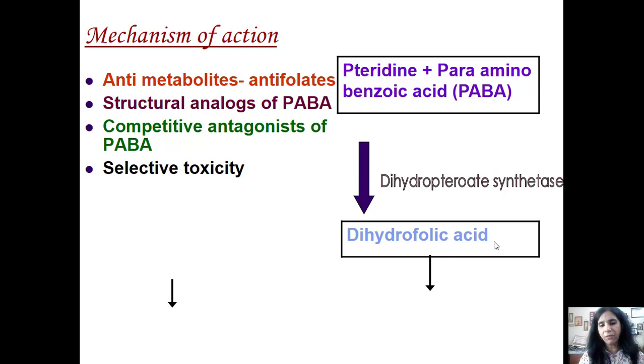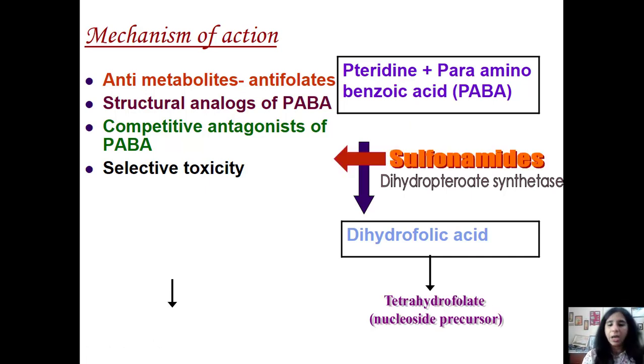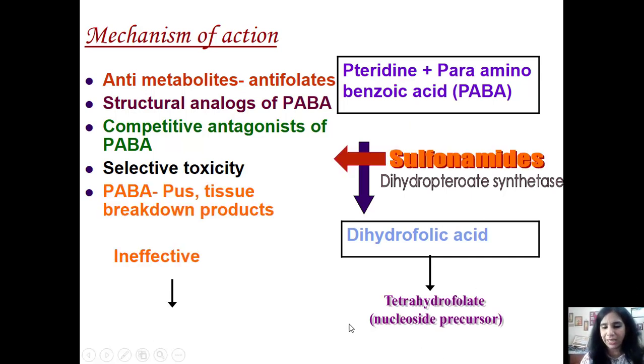And sulfonamides inhibit the dihydropteroate synthetase, which helps in the formation of dihydrofolic acid. This dihydrofolic acid is converted to tetrahydrofolic acid by the enzyme dihydrofolic acid reductase. And this tetrahydrofolate is very important. As I told you, it's a nucleoside precursor. PABA as such is very rich in pus and tissue breakdown products.